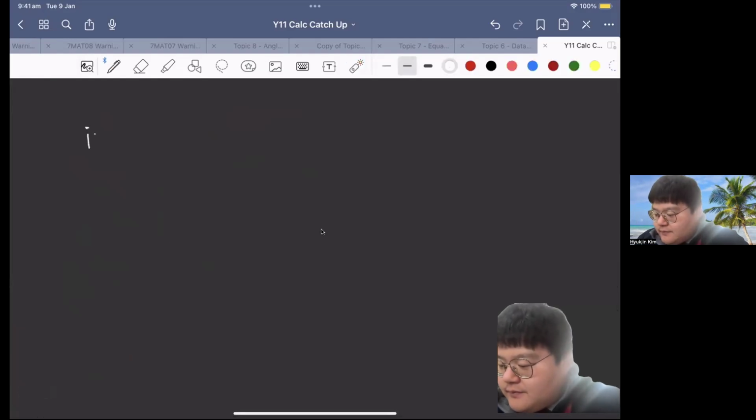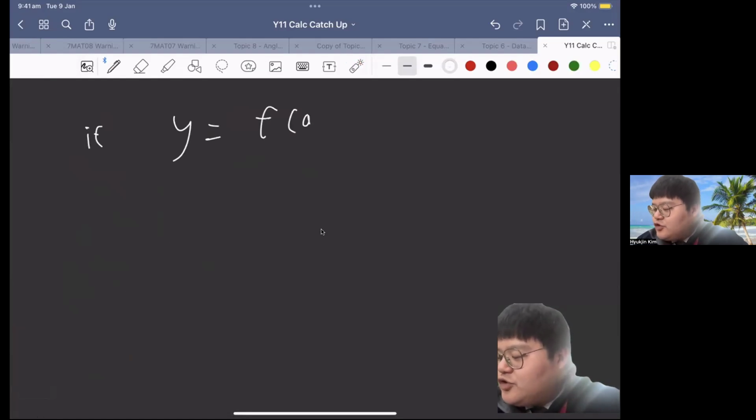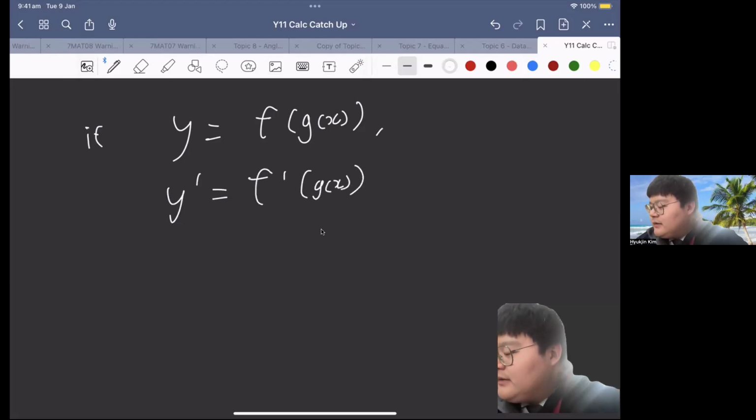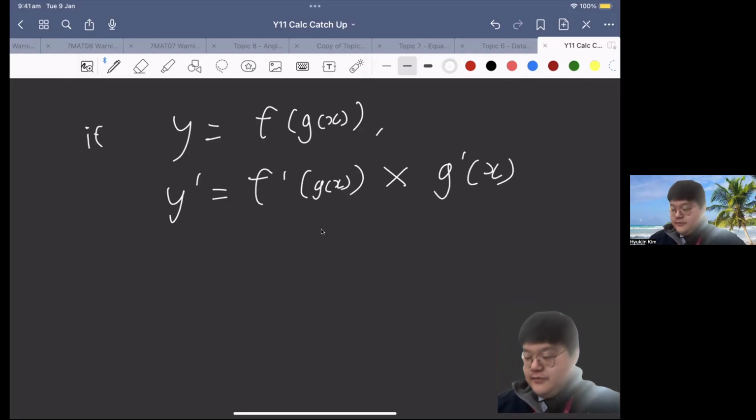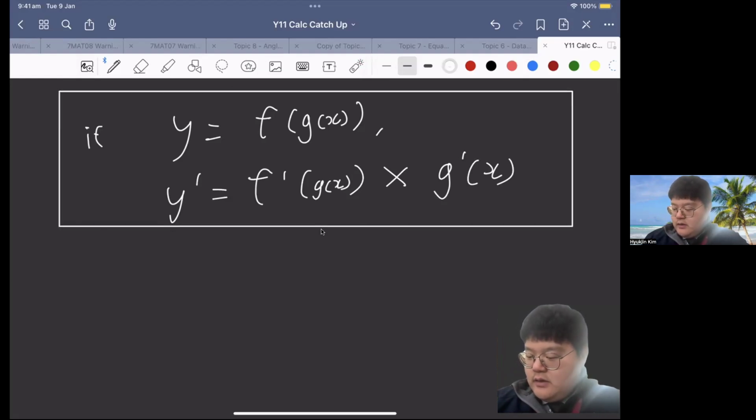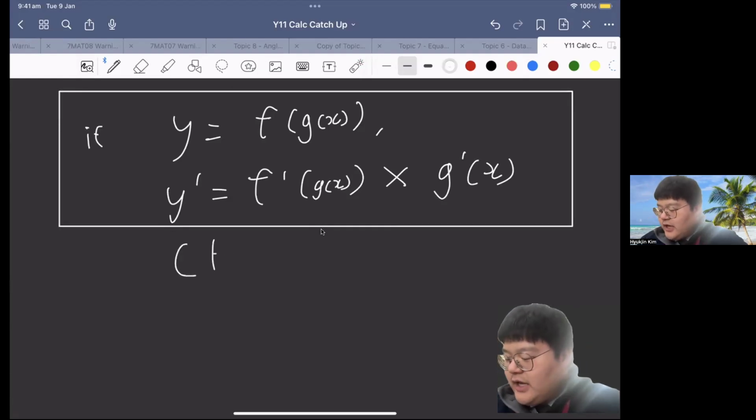If y equals f of g of x, y dash then equals f dash of g of x times g dash of x. This is the rule that you want to know. And this is called chain rule.